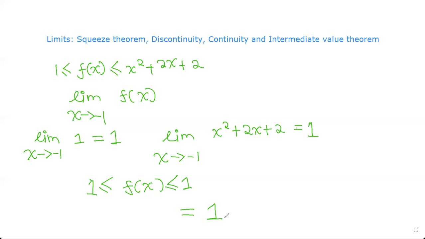Now I'm going to be moving on to discontinuities. There are many different types of discontinuities. I'm going to be discussing the first one called removable or point discontinuity. I'm going to be drawing graphs for these, so that it's easy for you to understand.